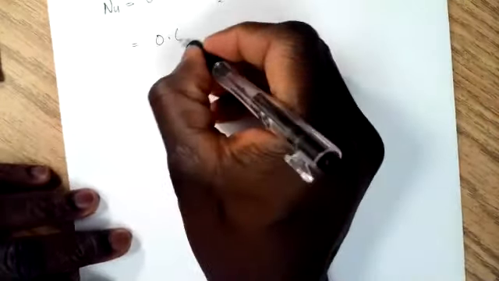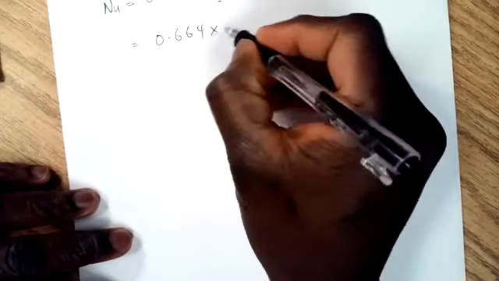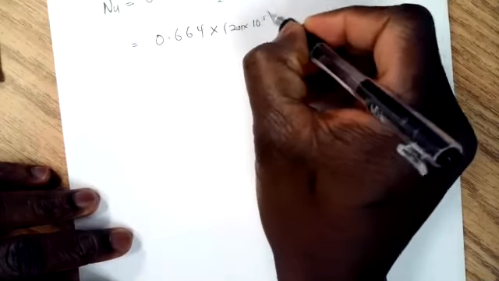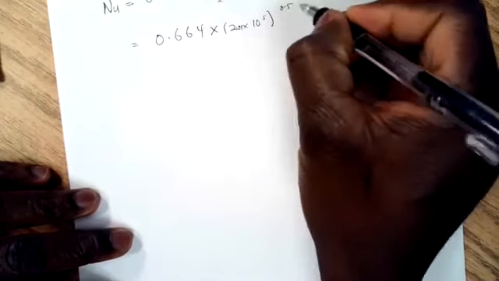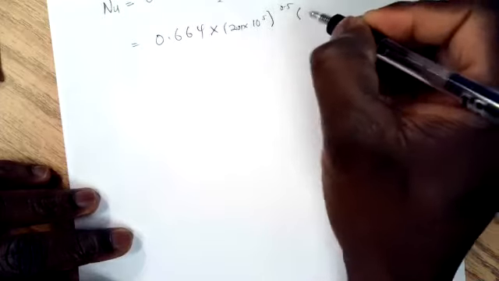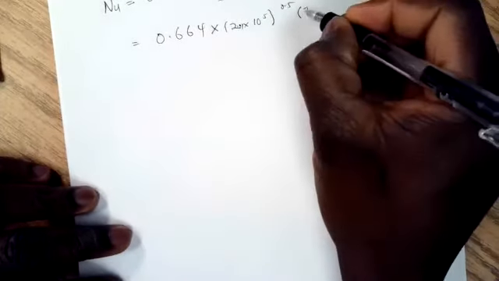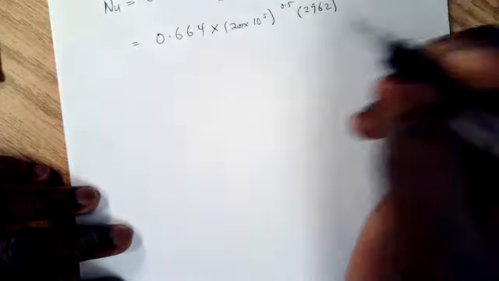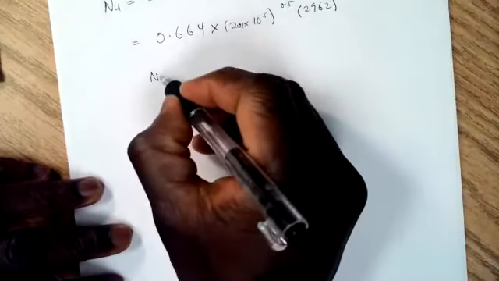We already verified our system is laminar, so all we have to do is plug in our values here. That gives us 0.664 multiplied by 2.01 times 10 to the power 5, raised to the power 0.5, multiplied by 2962 to the power 1/3.